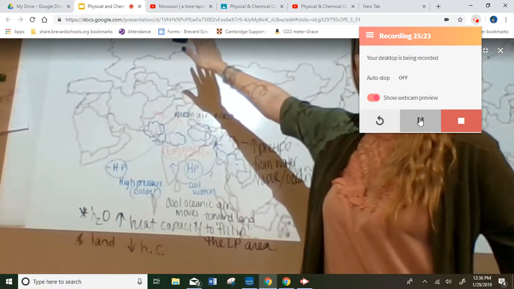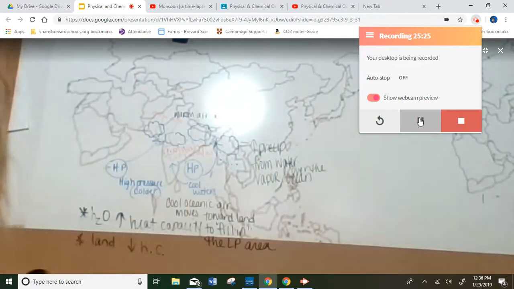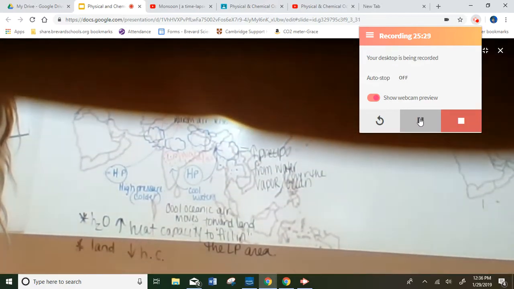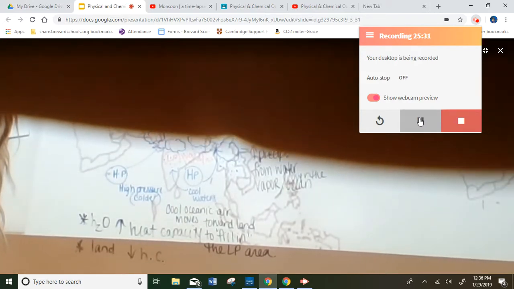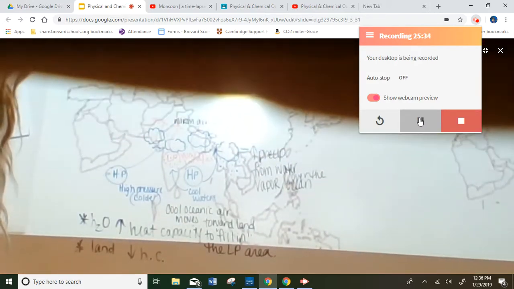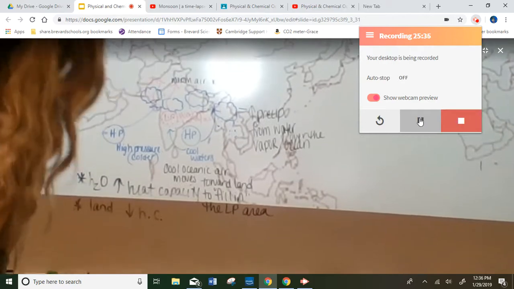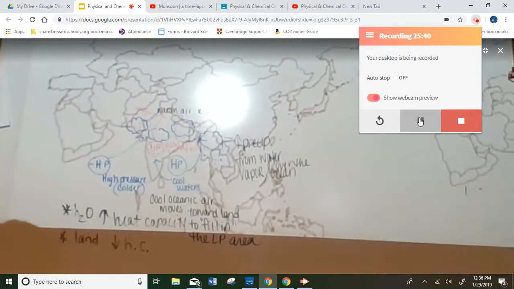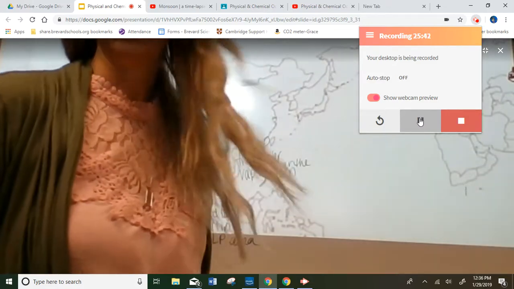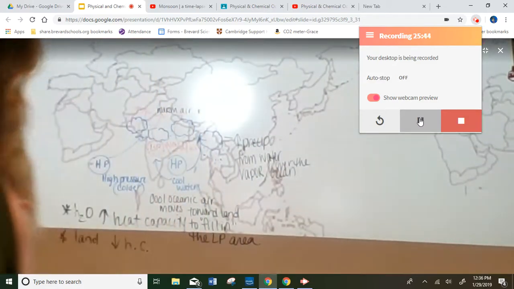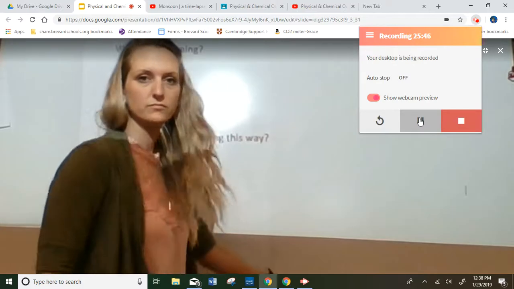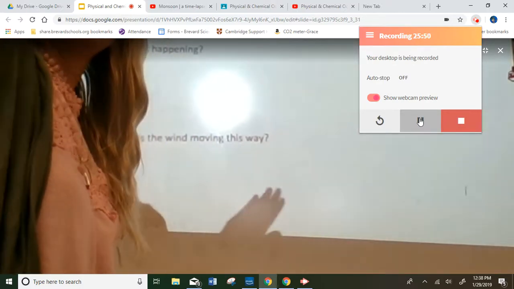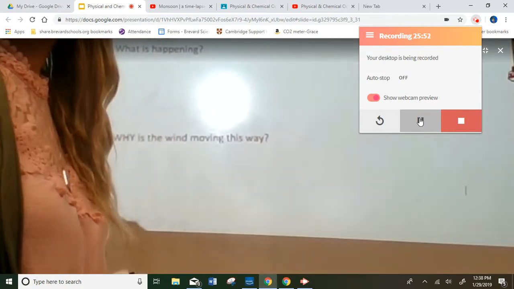Is there a glare there? You can see. That helps. I know there's a glare from the bulb. Okay, now we're going to fill in what's happening. Pause this if you need to finish it. Look how technologically advanced I am. I don't know what to do about that glare.